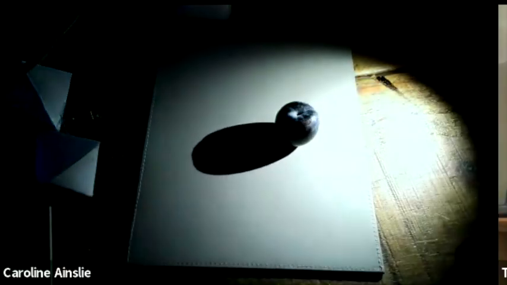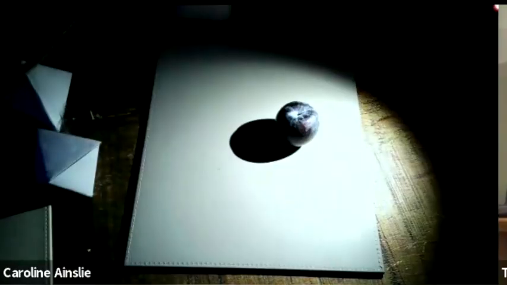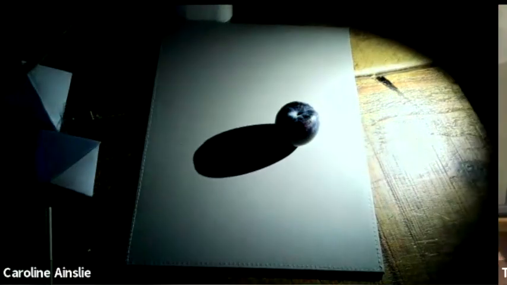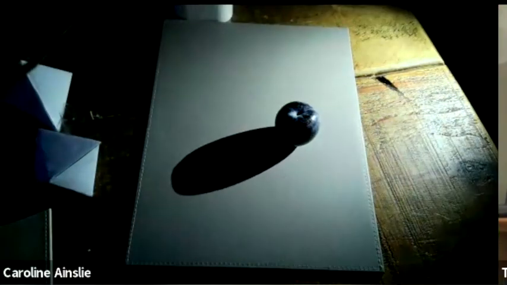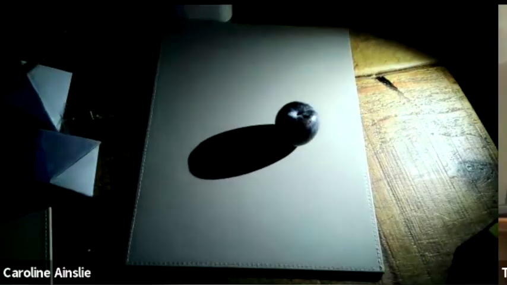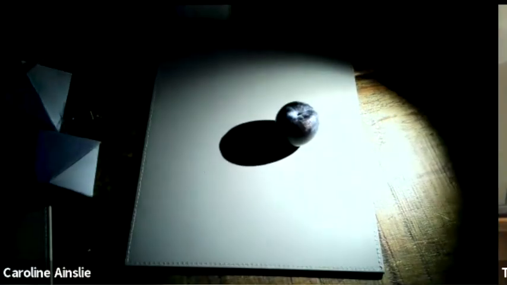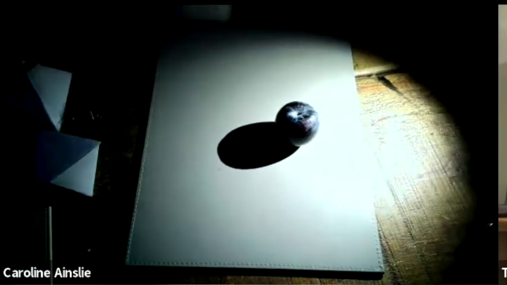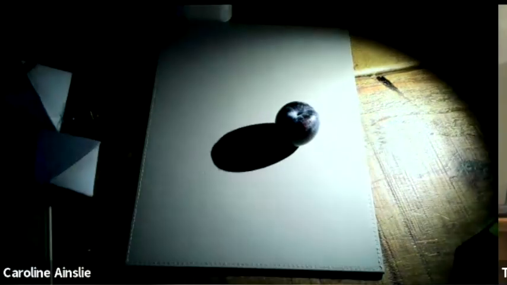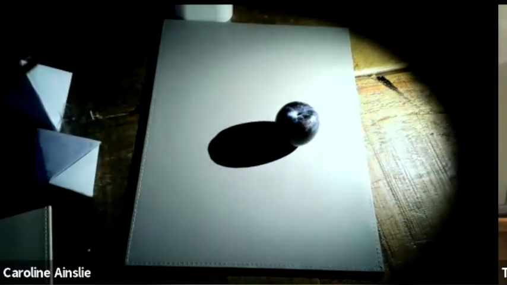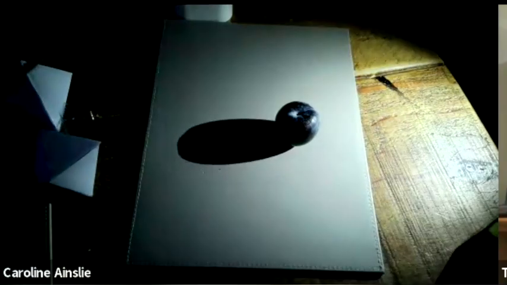She's actually getting a sheared image of the plum. It's changing the area though, isn't it, Tony? Yes, the area of the shadow is not the area of the cross section of the sphere, the plum. It's interesting, isn't it?